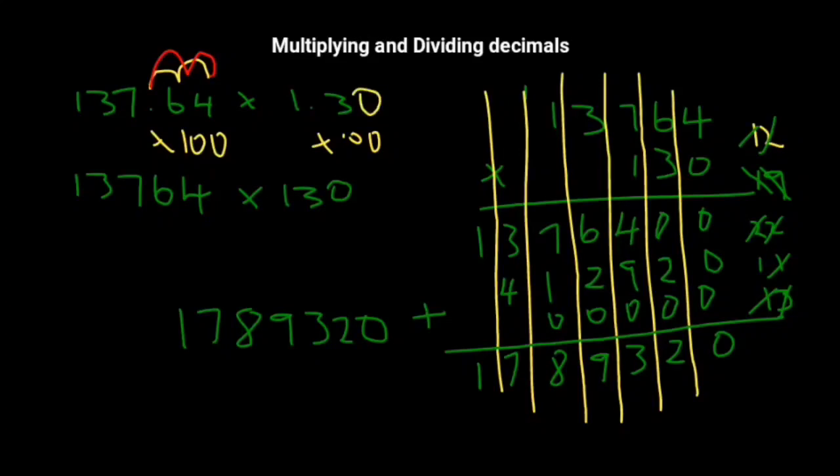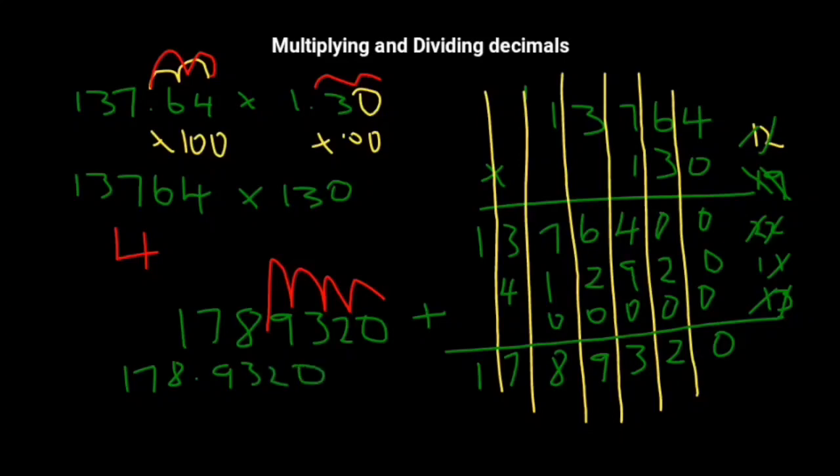So we had 1.30 multiplied by 100. So that was 2 decimal places as well. So adding up our decimal places, we had 4 decimal places. So counting our decimal places now, we have 1, 2, 3, 4 decimal places, which gives us our answer as 178.9320.